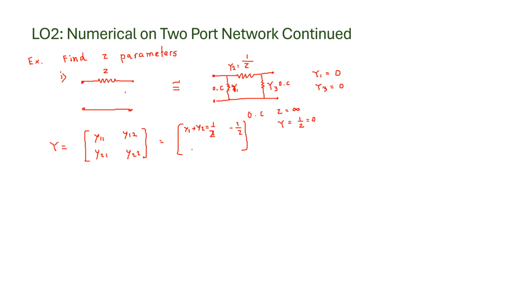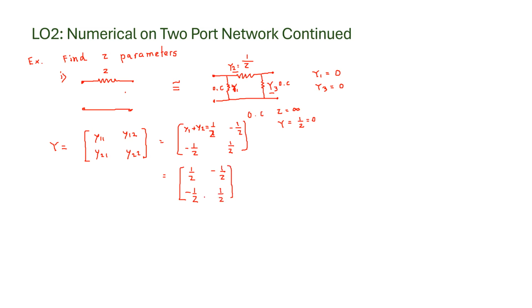Then y21 is the admittance between port 1 and 2, so it is again minus 1 by z. And y22 is y2 plus y3, but y3 is 0, so it is simply 1 by z. So we get the y parameters as 1 by z, minus 1 by z, minus 1 by z, and 1 by z.